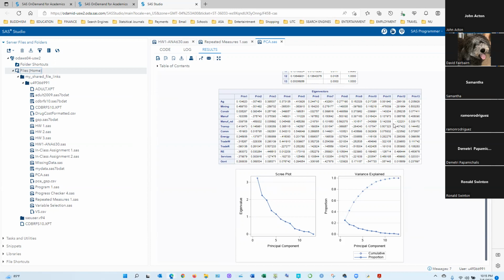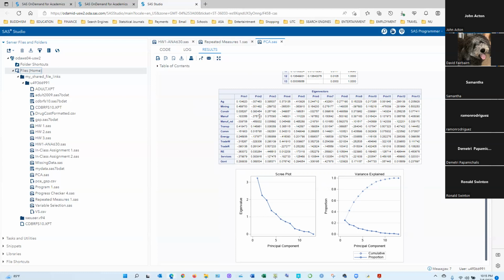But anyhow, all 13 principal components will be generated as linear combinations of the older variables with their loading weights: agriculture, mining, construction, manufacture, transport, communication, energy, trade, services, government, recreational, right there.